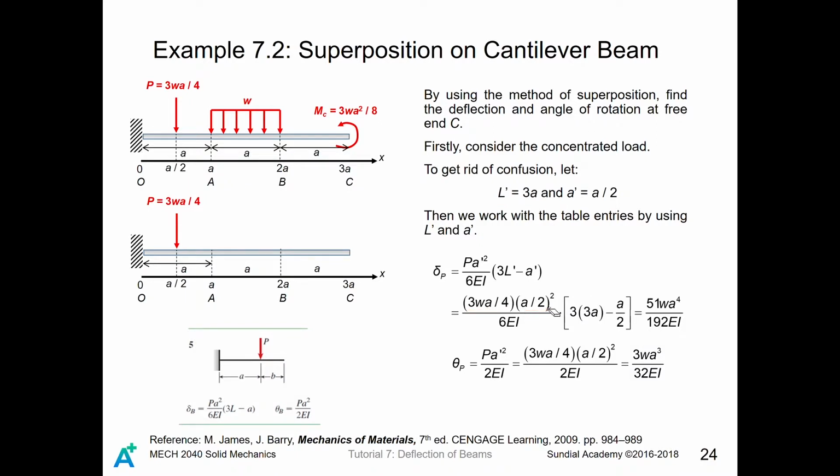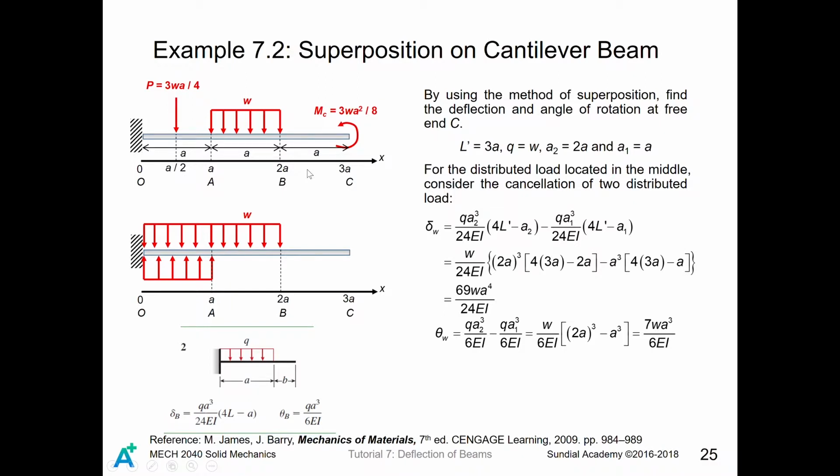For the next, the distributed load in the middle is a little bit indirect, because from the superposition table we don't find other entries that describe a distributed load in the middle. However, to analyze this distributed load in the middle, we can try to use 2 distributed loads from the fixed support, which cancel each other to get the equivalent deflection at the free end.